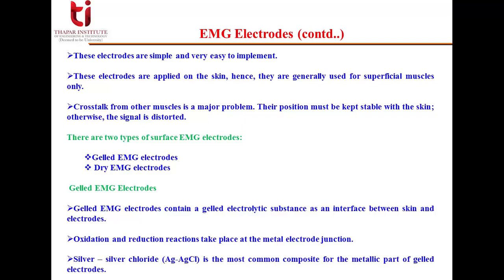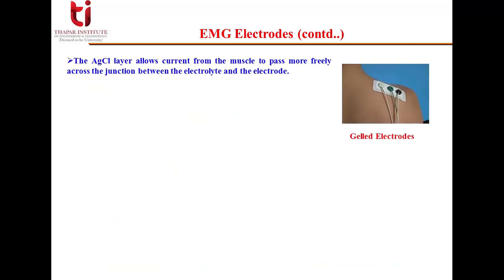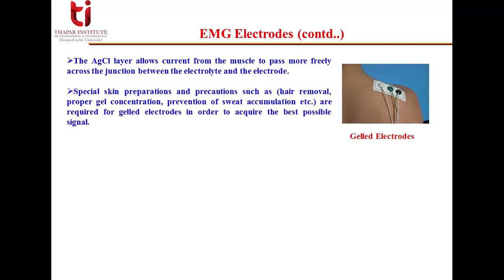Silver chloride is the most common composite for the metallic part of gelled electrodes. This layer allows current from the muscle to pass more freely across the junction between the electrolyte and the electrode. Special skin preparations and precautions such as hair removal, proper gel concentration, and prevention of sweat are required for gel electrodes in order to acquire the best possible signal.